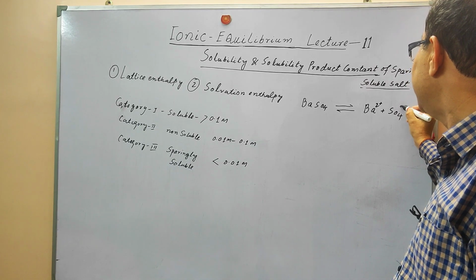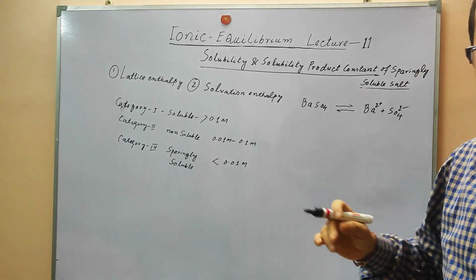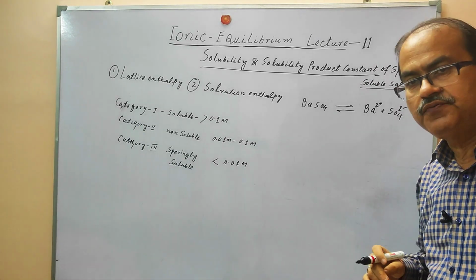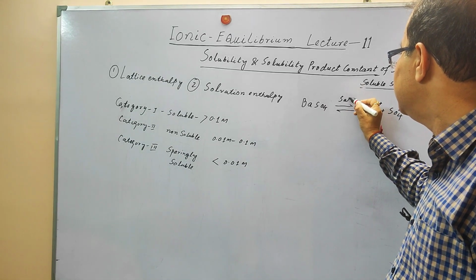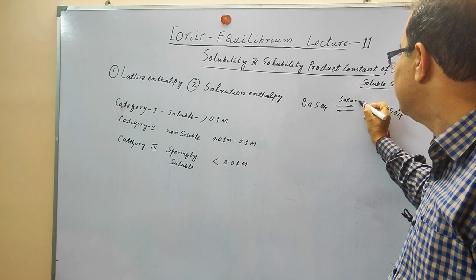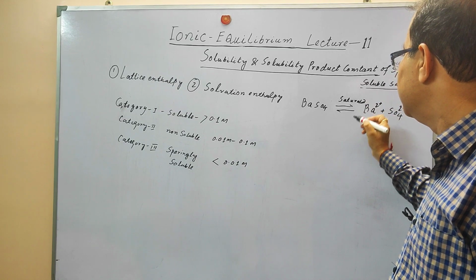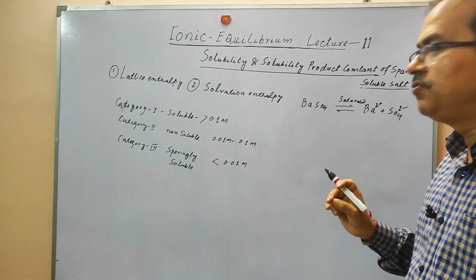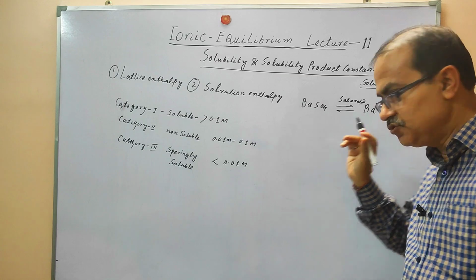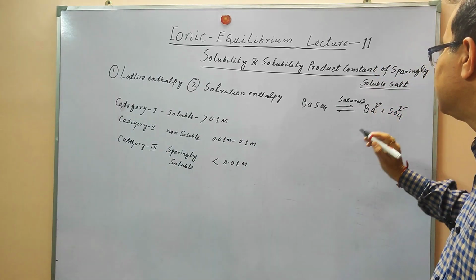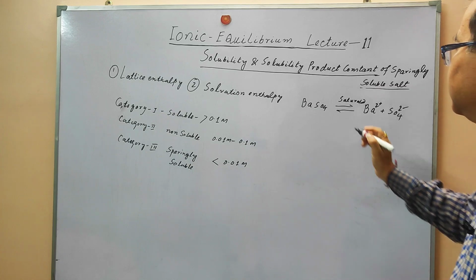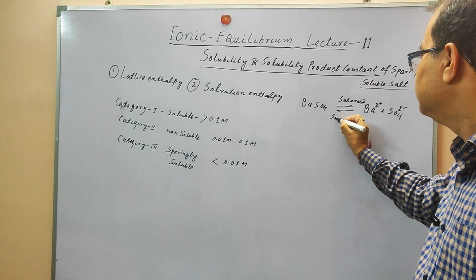So we can write the dissociation of BaSO4 in water in the saturated solution. In a saturated solution, the undissolved BaSO4 is in equilibrium with its dissociated ions, Ba2+ and SO4 2-.